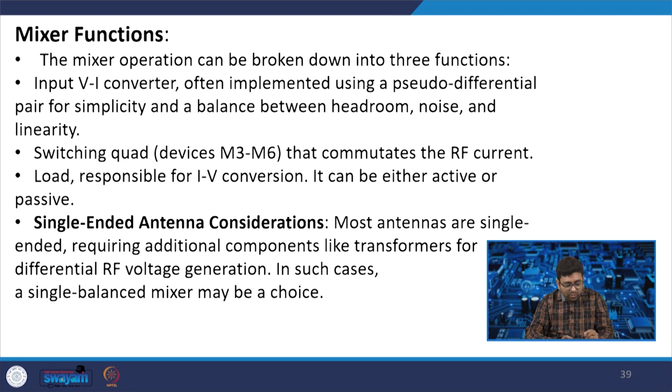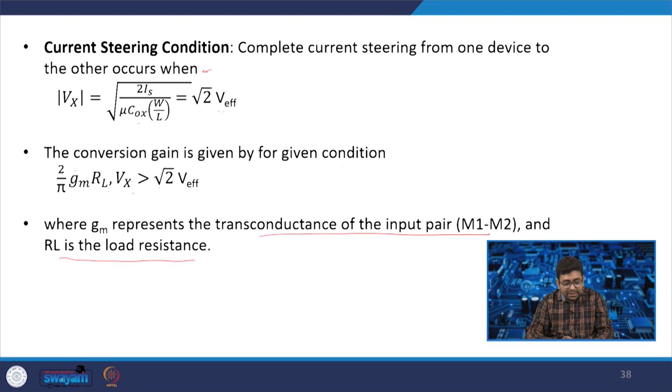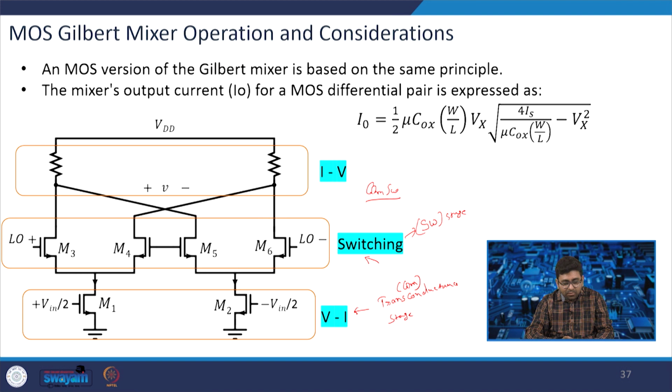Before that I just want to add one thing: in this configuration there is constructive interference for RF and destructive for LO. That is why the LO to RF and IF feedthrough is minimum in a Gilbert cell mixer, and RF feedthrough is also minimum.